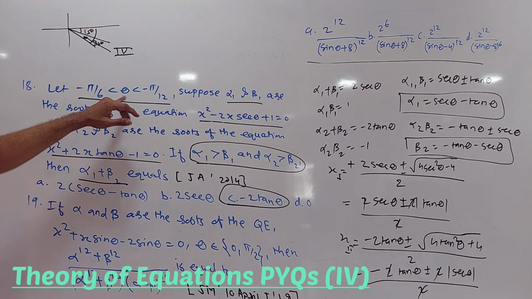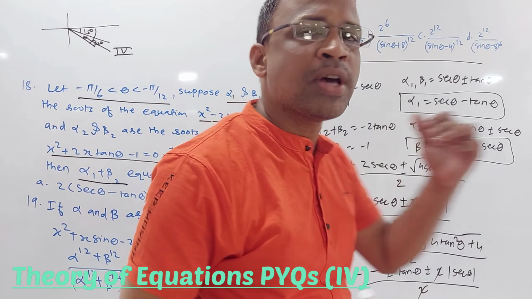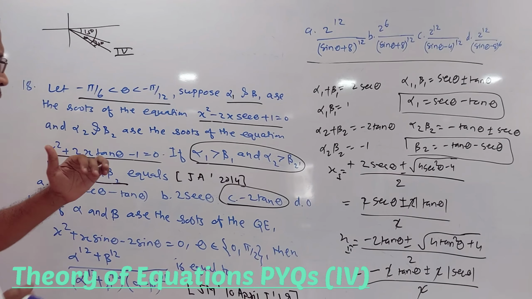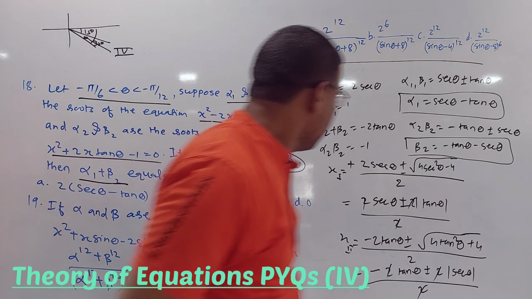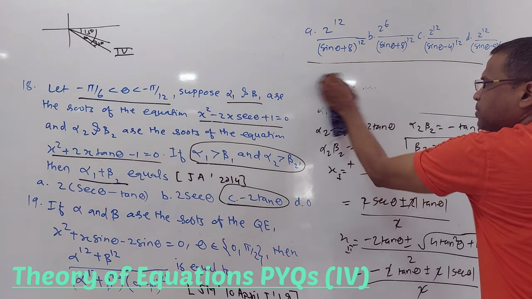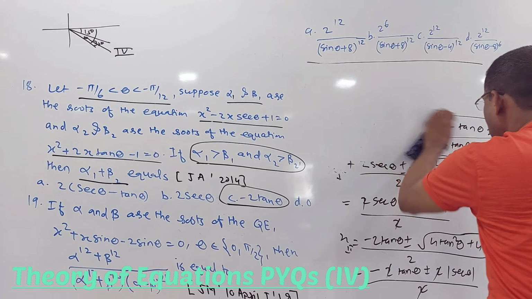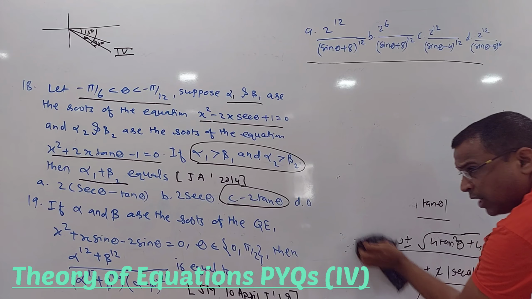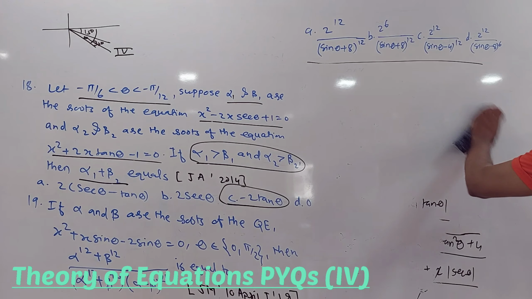Theta lies in the fourth quadrant, sec and cos are positive, the rest are negative. All this is basic concept. Even though it's an advanced question, I don't think it's of that level. I hope you are getting this. It was a plus 4 minus 1 question that came in JEE Advanced 2014.